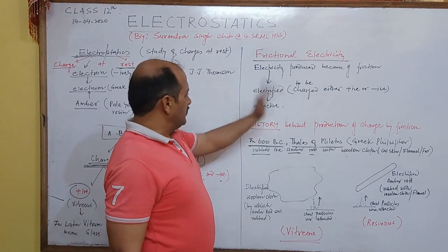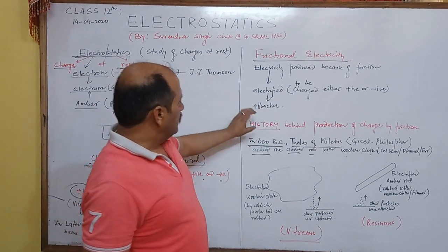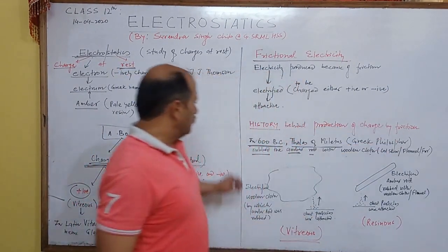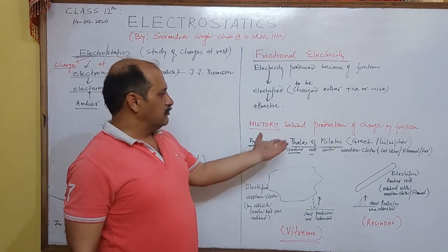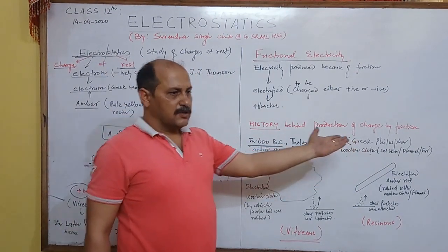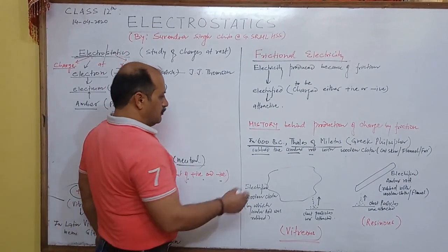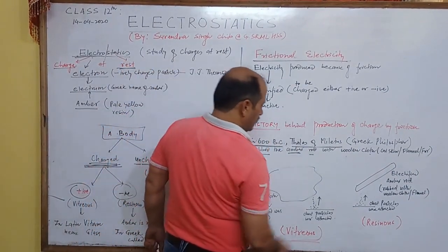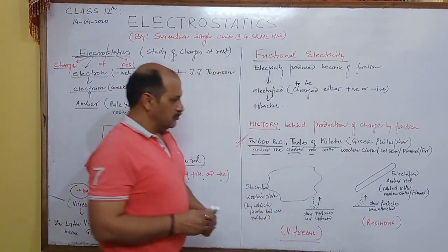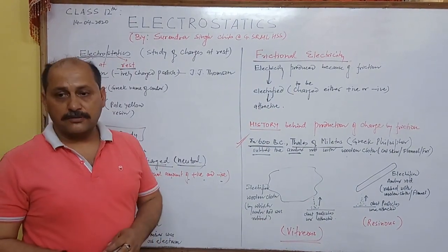I will explain in the next video. There is a history behind the production of charge, and we are giving respect to Thales of Miletus because he was the first one who did this experiment and showed the property of electrification.